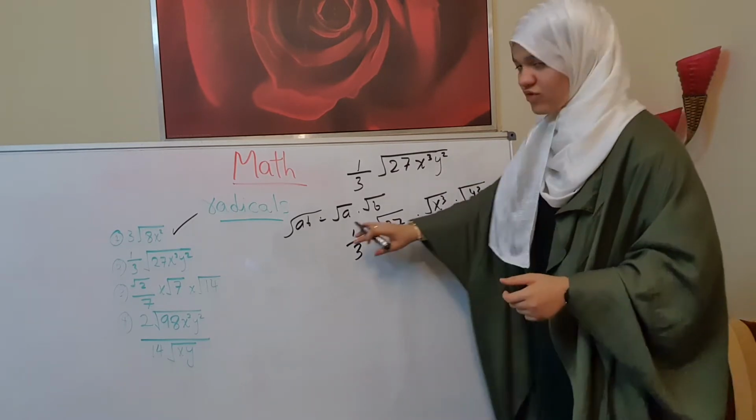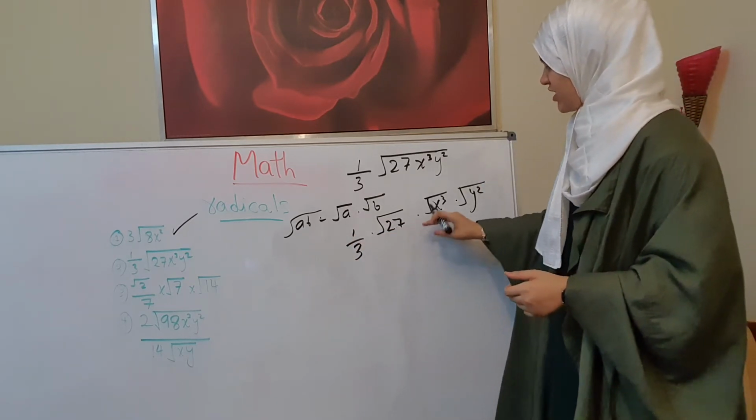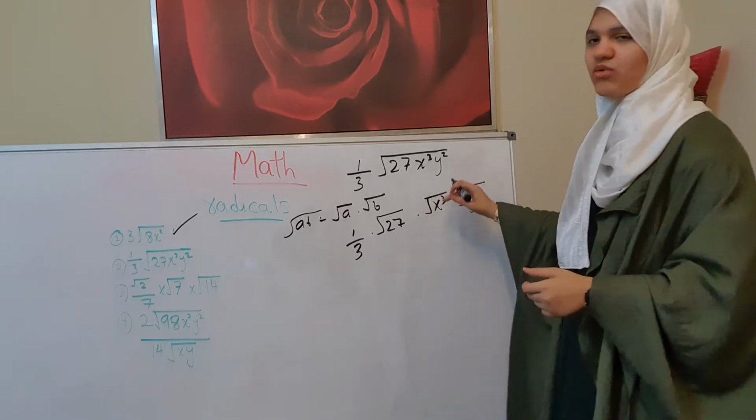Now what we have: 1 over 3, radical 27, radical x cube and radical y square.